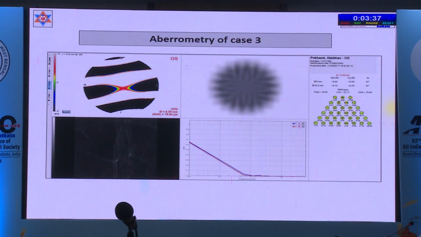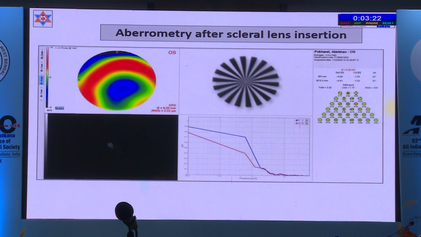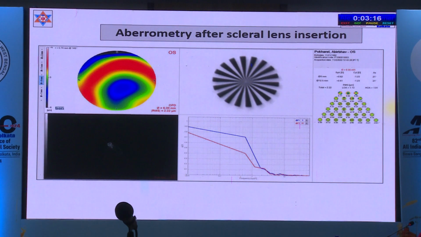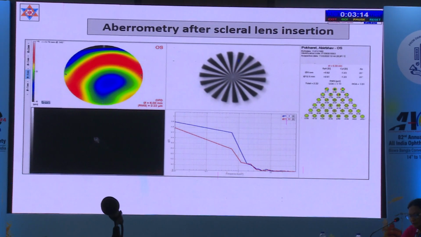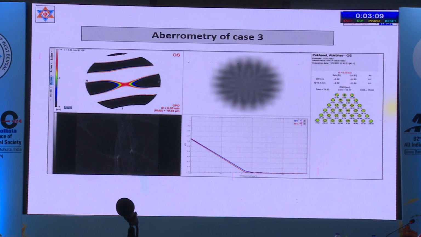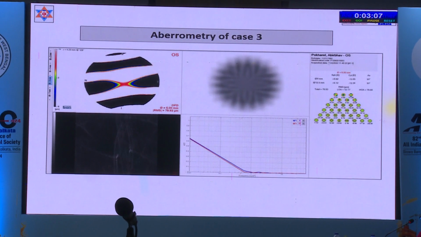See, the high order aberration is so high that in the point spread function there is no green color as the reference color on the slide on that side, and you only have the black color. This was corrected with scleral contact lenses. Now at least the blue color has come, the green color has come, and the high order aberration has decreased to 1.91, whereas initially it was 29.90 if you see above.